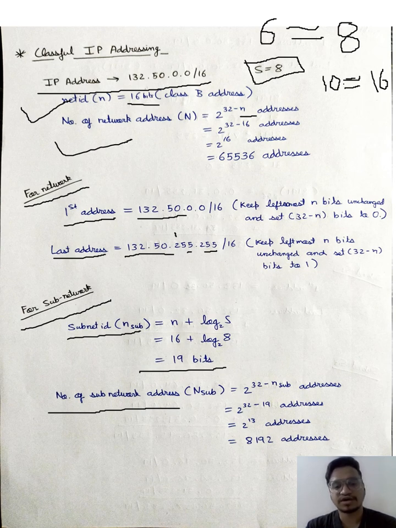So 2 power 32 minus 19, because the n sub value is 19 bits, which will be 2 power 13, which is 8192 addresses.